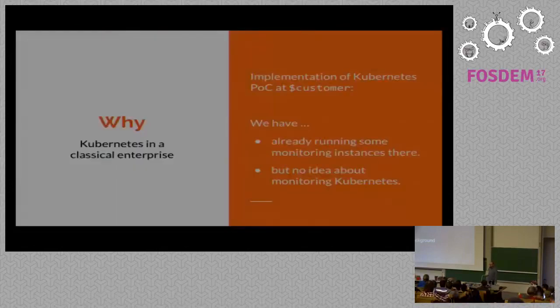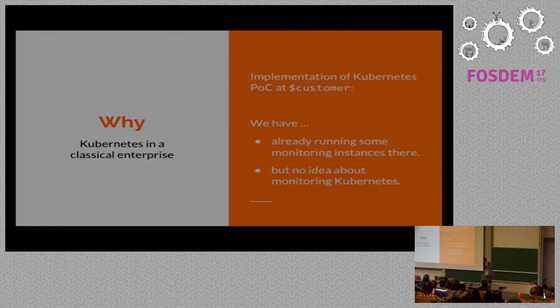And now for the real thing. To the background. I'm a Nagios guy. What should I do with Kubernetes monitoring? Obviously, Nagios doesn't work in such an environment. But our DevOps team at Console had the chance to implement a proof of concept of a Kubernetes environment at a customer.